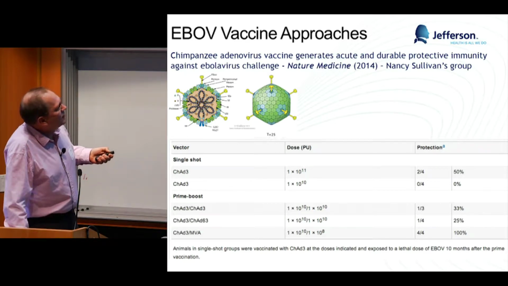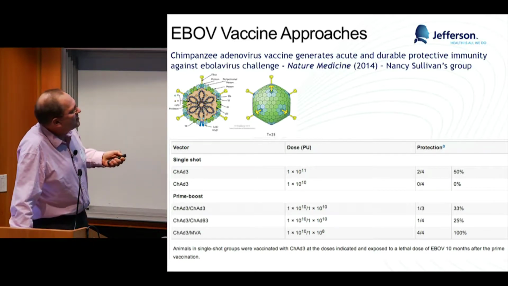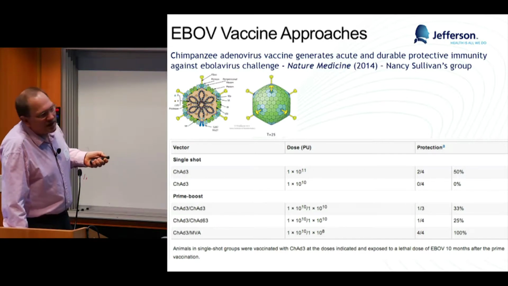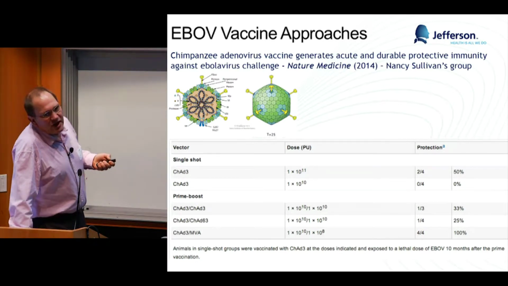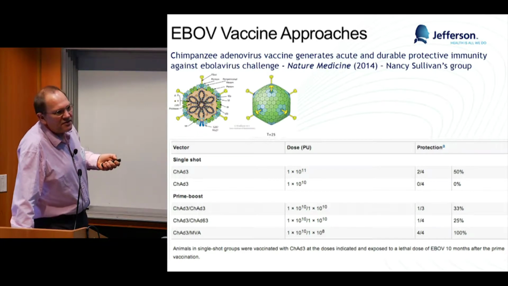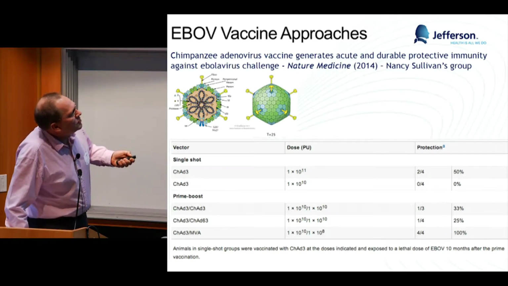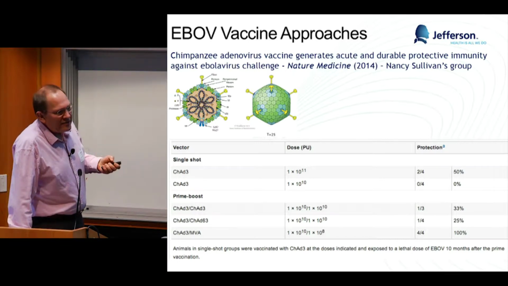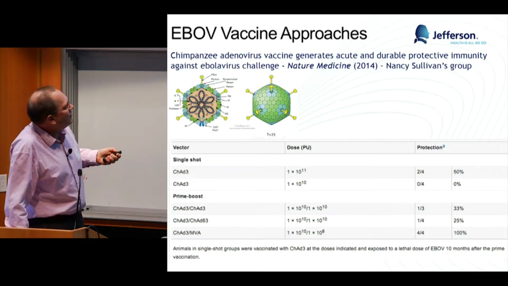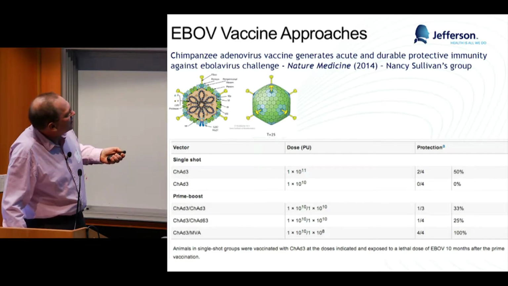At 10 to the 10, you don't get such a good response. The problem, which was recently published on this vaccine, is that the antibodies go down over time. So after 6 to 8 months, you basically lose your protection and you have to boost, and you can actually boost with the same virus, or here, the MVA.